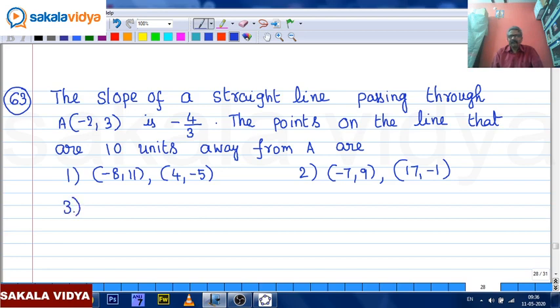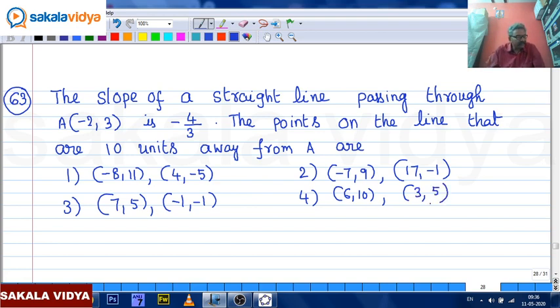Third option: 7 comma 5, minus 1 comma minus 1. Fourth option: 6 comma 5, 6 comma 10, 3 comma 5. So this is the question.